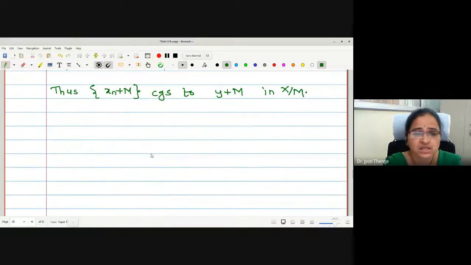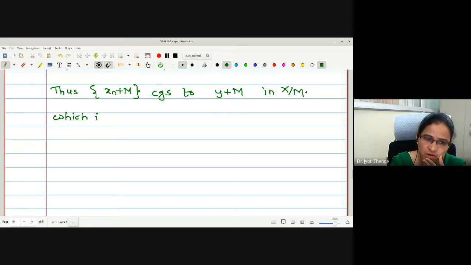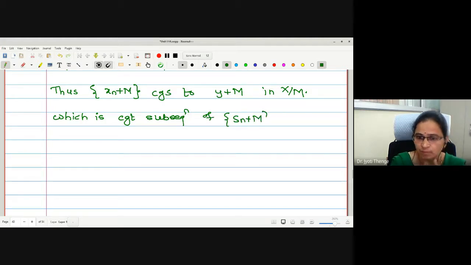But what is this? This is a subsequence, right? Which is a convergent subsequence of what is my original sequence? Sn plus m. Therefore, whatever subsequence we have extracted is convergent. Therefore xn plus m converges to y plus m, which is a convergent subsequence. Therefore what can I say about Sn plus m?